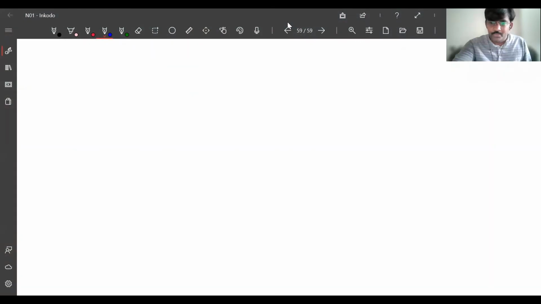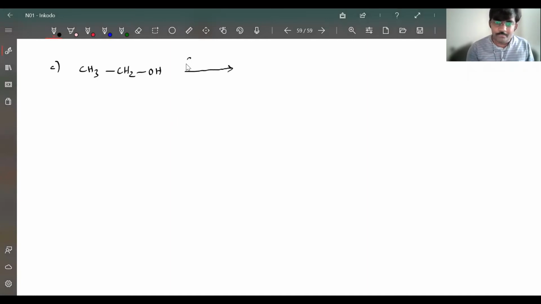Okay, so there is another reaction. Here I'm now taking CH3CH2OH. This is ethyl alcohol, and I'm heating this with copper up to 300 degrees Celsius. So now what will happen is that the compound will lose a hydrogen molecule.